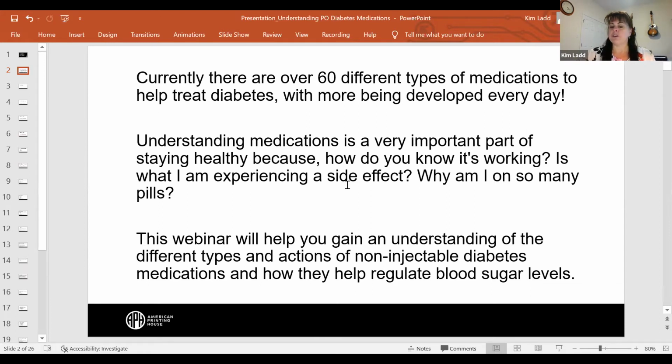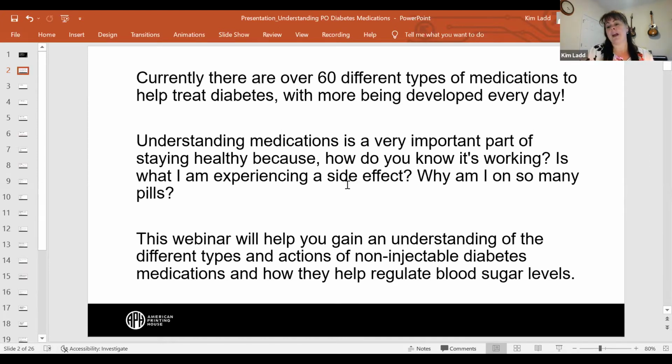If you are experiencing a side effect or a common effect of the medication, something like one of the medications makes you pee a lot to get rid of the sugar. So if you start taking this medication and you notice that you're peeing a lot, that's not actually a side effect. That's the action that you want from that pill. So I go into that a little bit.